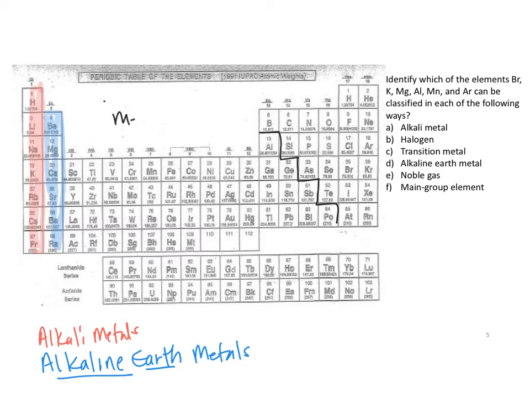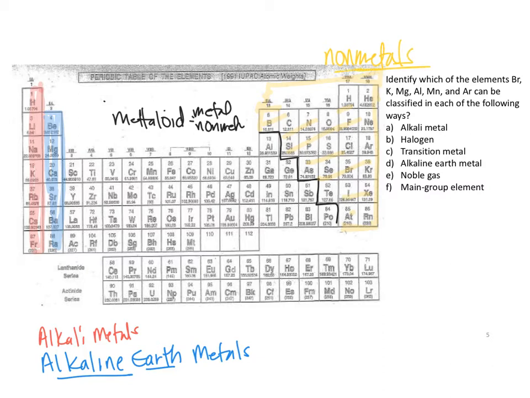What's a metalloid? A metalloid is partially metal and partially non-metal. So this is the crossover. So that means these here on this part of the periodic table are your non-metals. Okay, so those are non-metals.